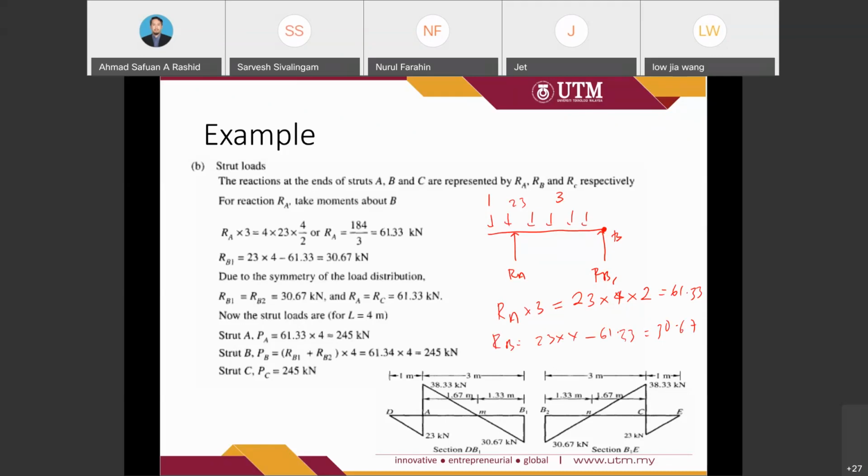So that is for RB. RB1 plus RB2 is equal to 30.67, and then RA is equal to RC.